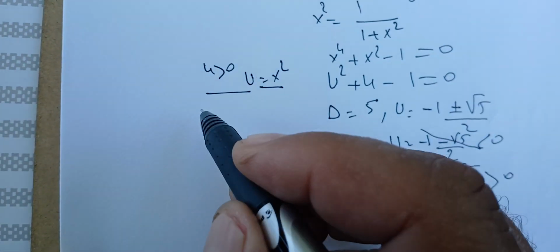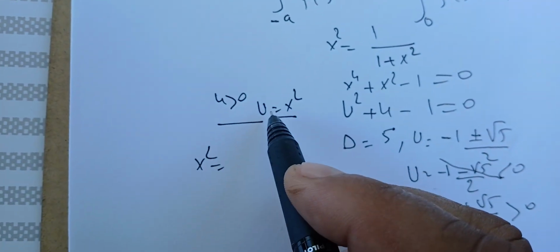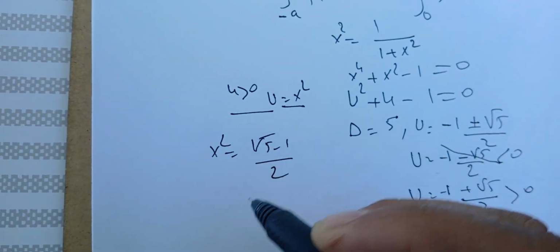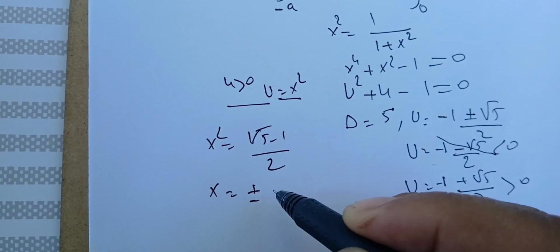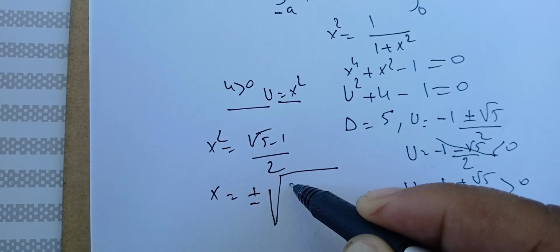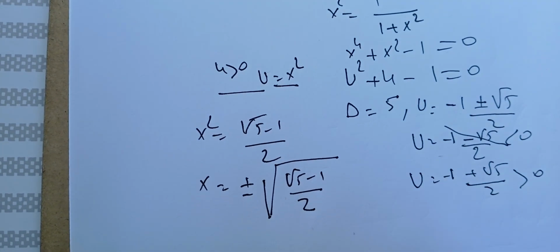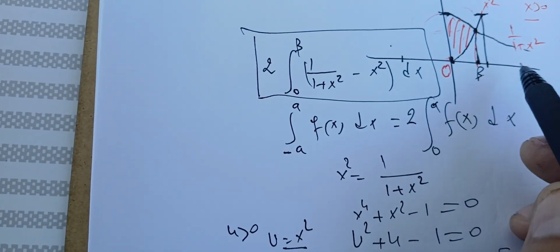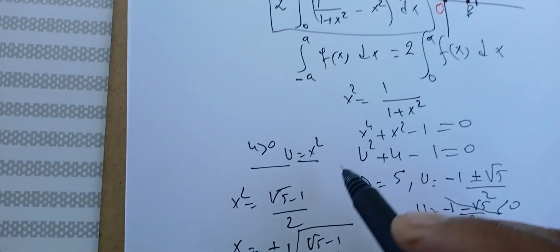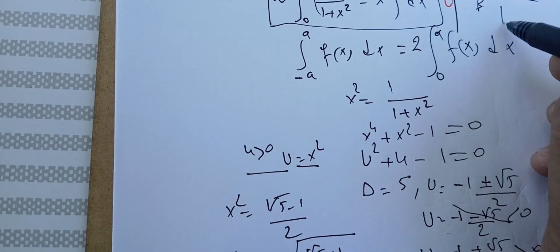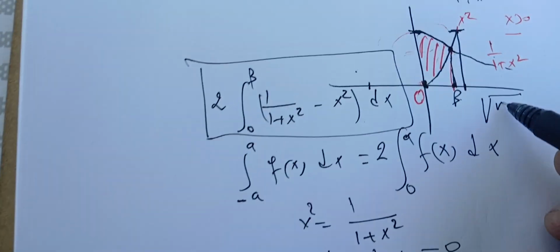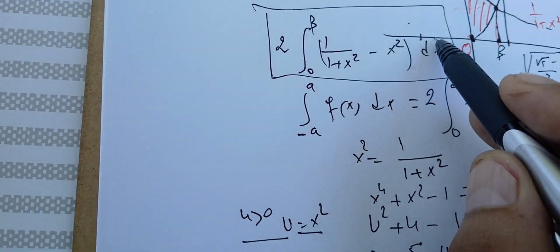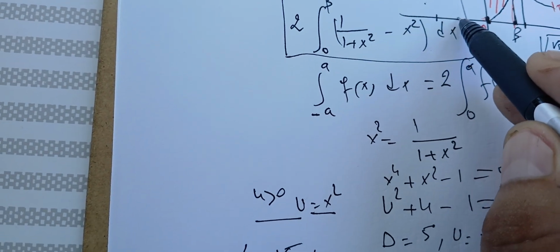Therefore x squared, which is equal to u, is going to be the square root of 5 minus 1 over 2, and therefore x is going to be plus or minus the square root of that. So my beta point of intersection is going to be the positive one, the square root of (square root of 5 minus 1) over 2. The negative one is going to be here.